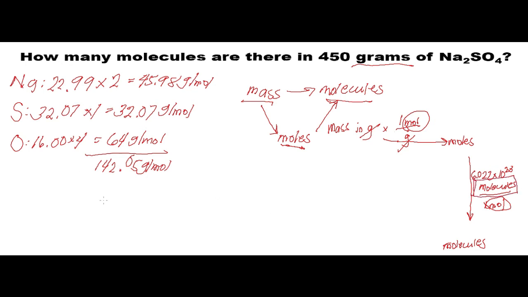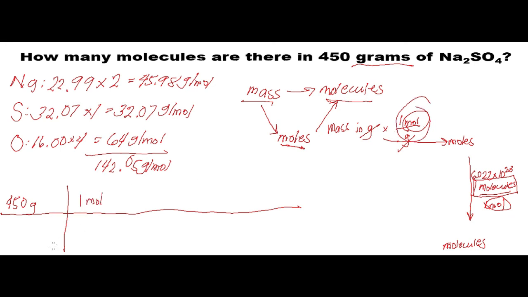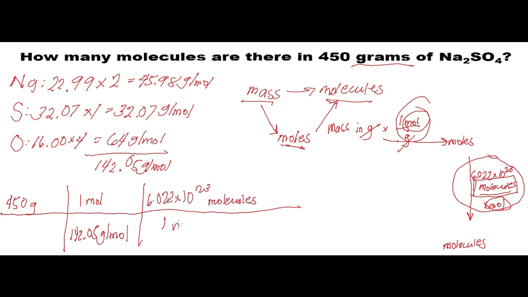Now let's use the conversion factors. First step is to draw the table. Write the given to the upper left, 450 grams. Now copy this conversion factor using the molar mass, 1 mole over 142.05 grams. Then copy this relationship over 1 mole. Look how the units cancel.